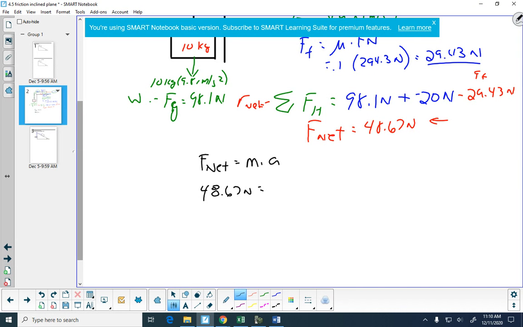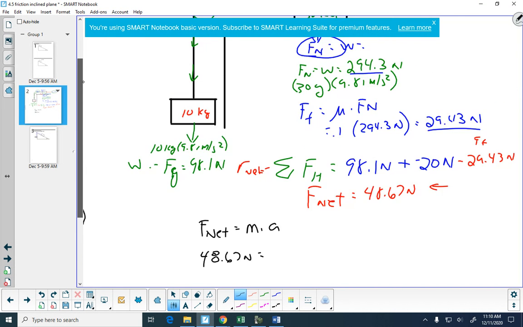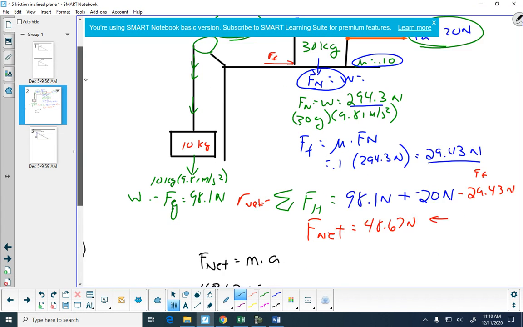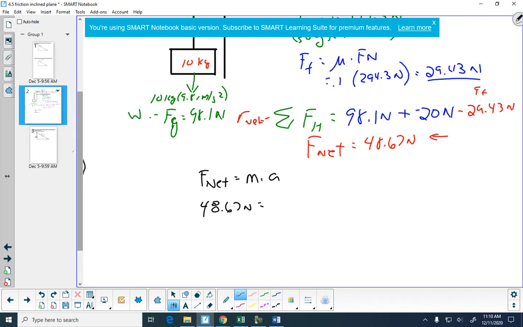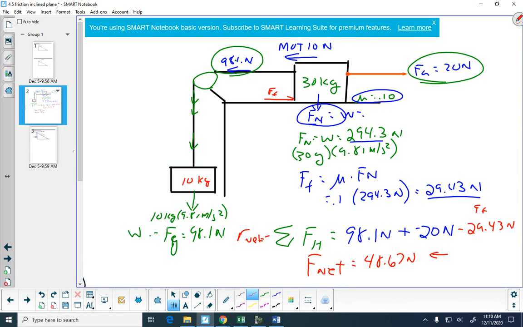So how do I just use the 30 kilograms here, or what do we do with the mass, Liam? You add the weight of the thing on the end of the pulley to 10 kilograms. Okay, so we're going to have a total of 40 kilograms here, and this comes from the 30 plus 10 kilograms.